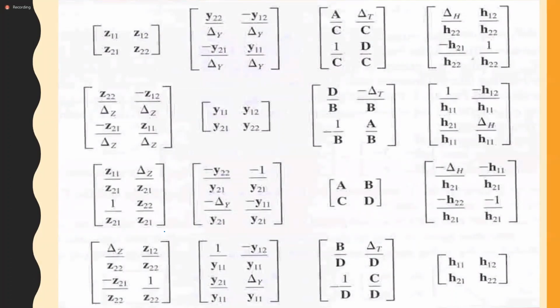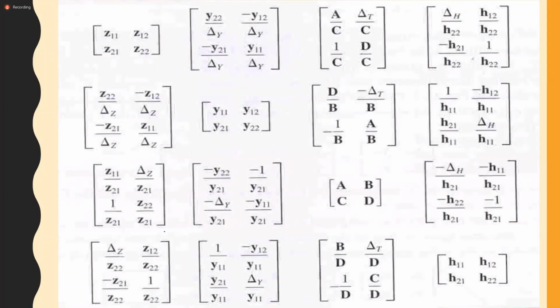Now, what I'm going to do is spend a little time explaining how you go about using this matrix. Of course you can see that it's a matrix consisting of matrices. And the question is, why would we need this?